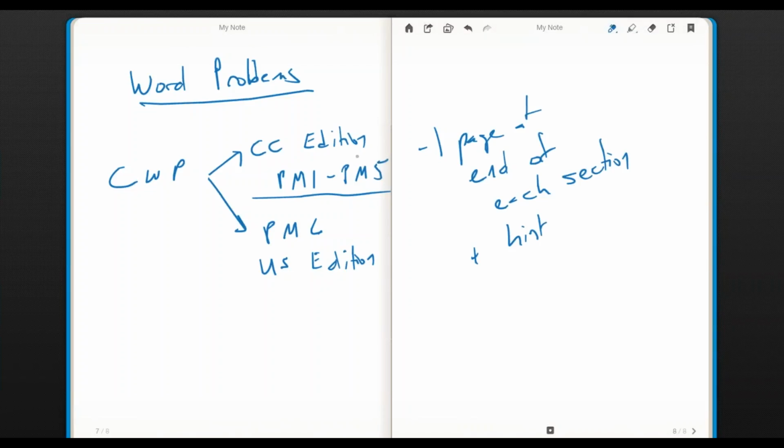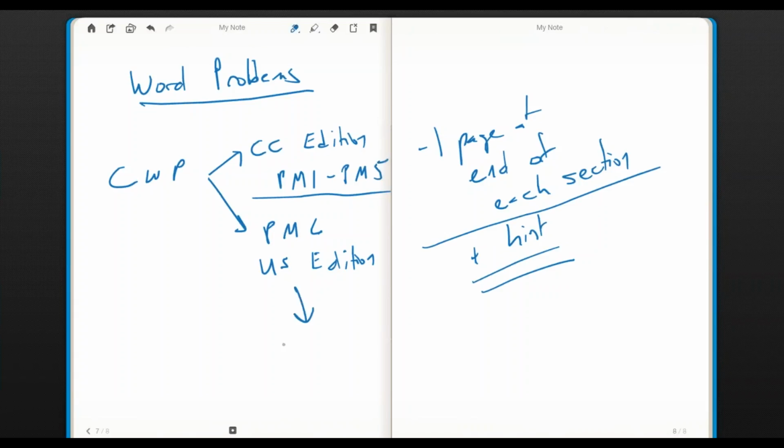So if you look at your old Primary Math 1 through 5 Common Core Edition Challenging Word Problems book, you'll see a hint occasionally, but there will be one less page from each section. Now we're in the Primary 6 US edition, so the last few problems are going to feel hard. That last page hasn't been there before.